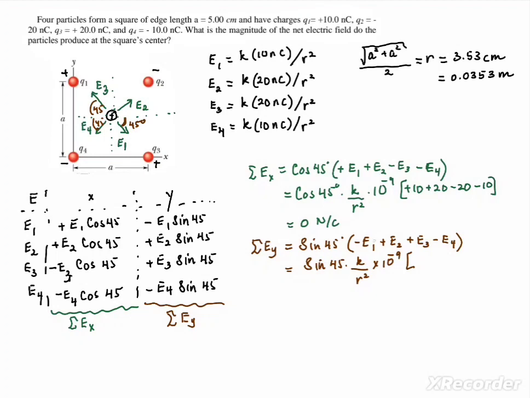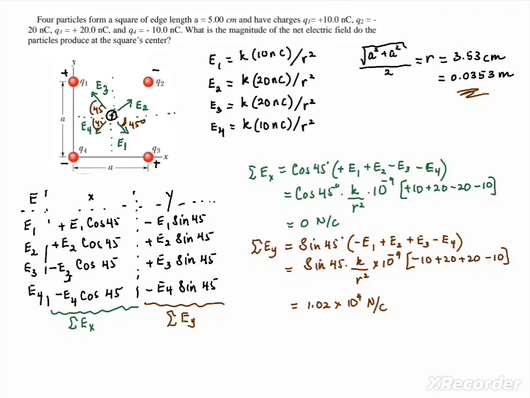So what is left? Negative E1, so we factor out k and r squared, so what we have is negative 10 plus 20 plus 20 minus 10. So we have 40 minus 10, so that's 20 within the brackets. And then plugging in our r value from here, you will see that it is 1.02 times 10 to the 4th newtons per coulomb.